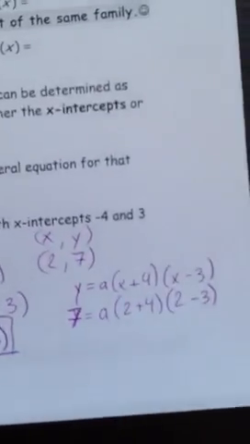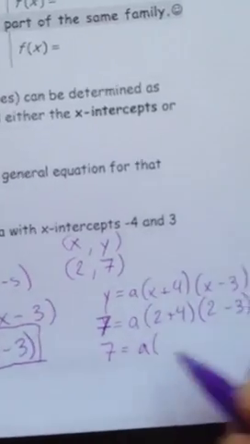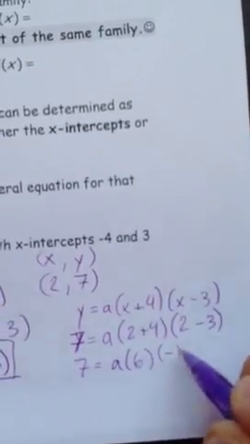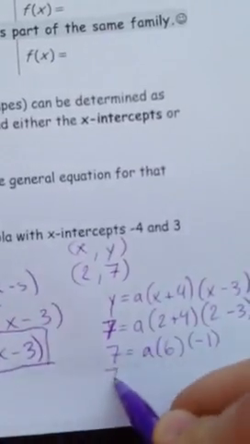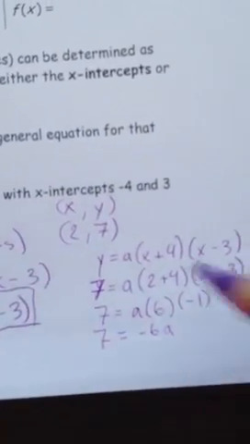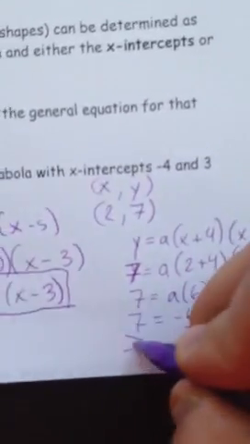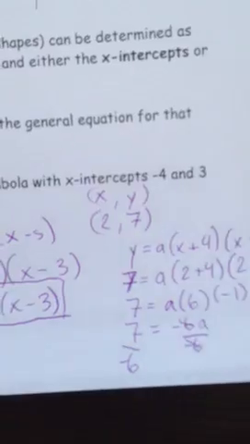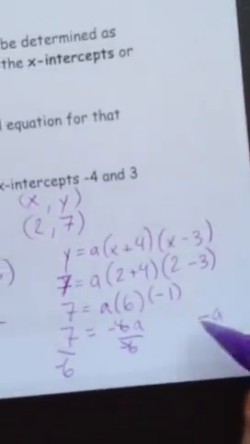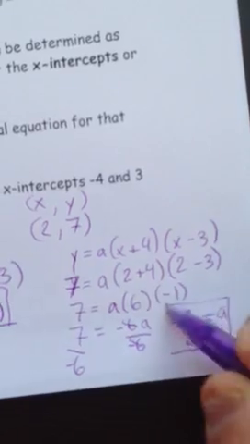I get 7 equals a times (2 + 4) times (2 - 3). 2 plus 4 is 6, and 2 minus 3 is negative 1. So 7 is equal to negative 6a. If I divide both sides by negative 6, I get that a is equal to negative 7/6.